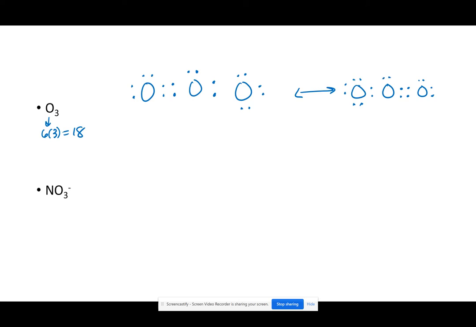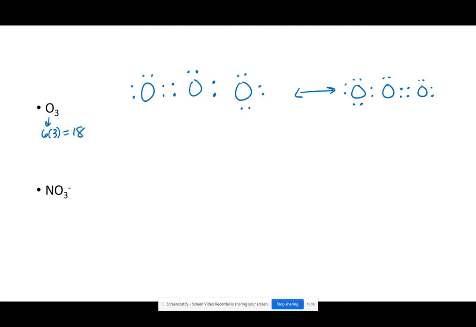And that's saying they're both valid structures. What actually happens, double bonds, single bonds, triple bonds, they all have a particular length. And it turns out when a molecule has resonance, like ozone, the bonds are, instead of being the length of a single bond or a double bond, they're about a bond and a half. So really what that means is that second bonding pair kind of floats between the two sides.